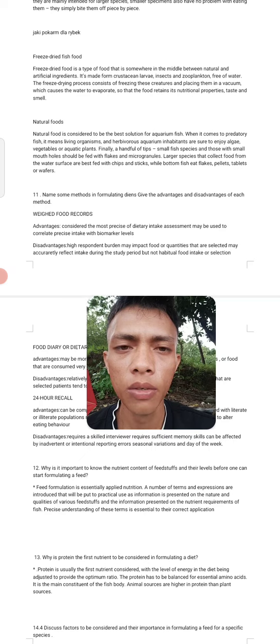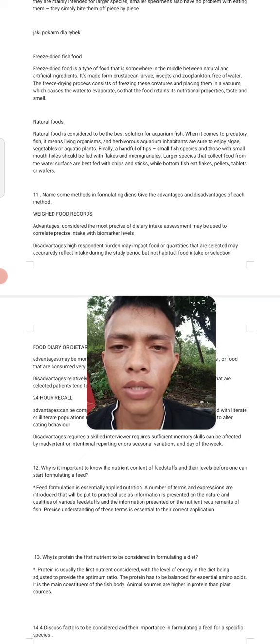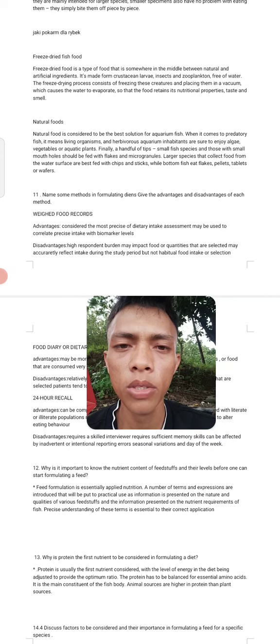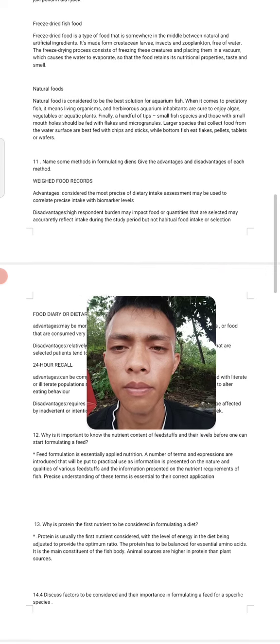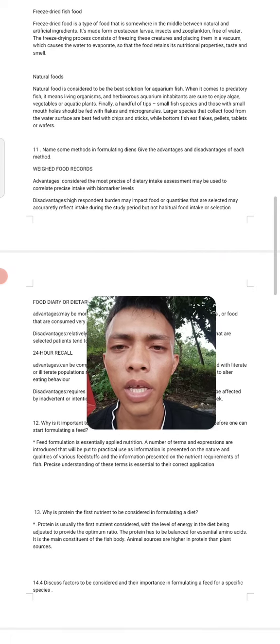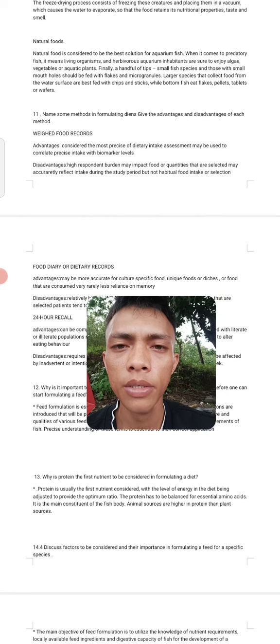Larger species that collect food from the water surface are best fed with chips and sticks, while bottom fish eat flakes, pellets, tablets, or wafers.